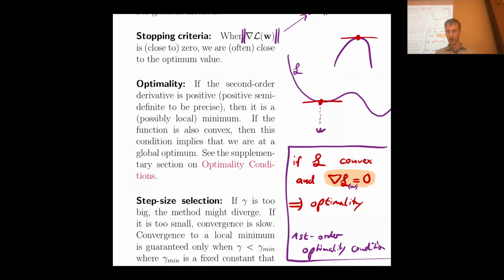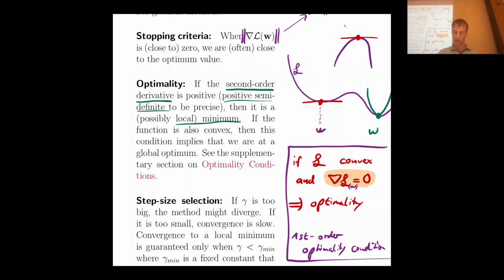Because this can be bad, there is a simpler version of it, and that's the second order optimality condition. What that is saying is, if you manage to go here, and then check that the second derivative where you are is curved to the upper side, which means positive semi-definite, then you are actually in a local minimum.